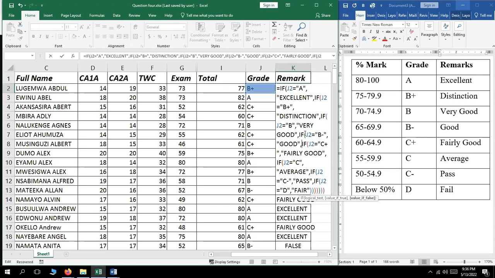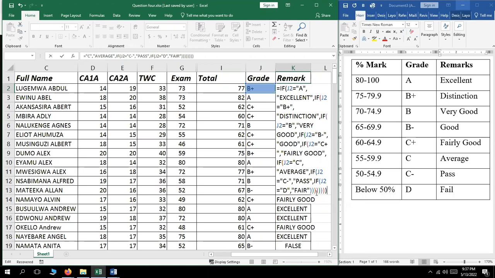While I paused, I think I just skipped that and went to something else. If I opened a number of times, I expect it's the same number of times I've closed. So let me see: 1, 2, 3, 4, 5, 6, 7. Actually, it was the same as the error which came previously, where I had closed 8, yet I had opened 7 times. So let me add one more bracket.